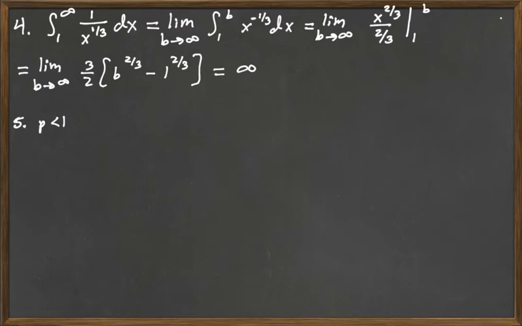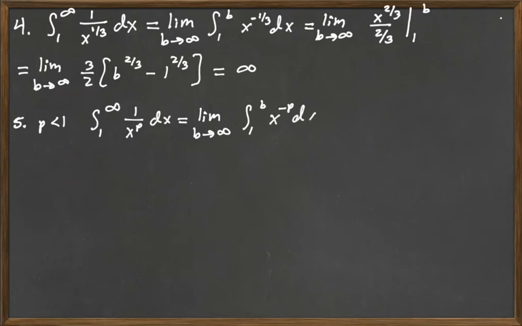And so we're going to use that as motivation to follow along when p is less than 1. So if p is less than 1, the p integral from 1 to infinity of 1 over x to the p dx is going to be the limit as b goes to infinity of the integral from 1 to b of x to the negative p dx, which is equal to the limit as b goes to infinity.